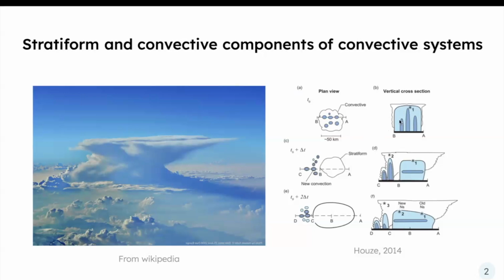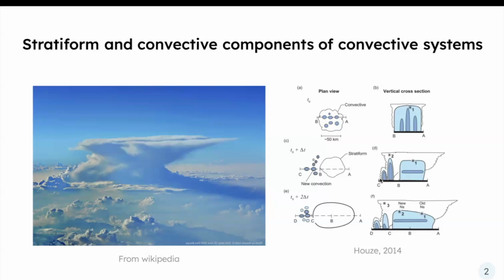So let's call this a convective core. And then later on, that convective core stops being connected to the surface. And the rain weakens, but the rain area increases. So that region here, let's call that the stratiform. And then you see that new convective area starts to appear at the edge of the system.